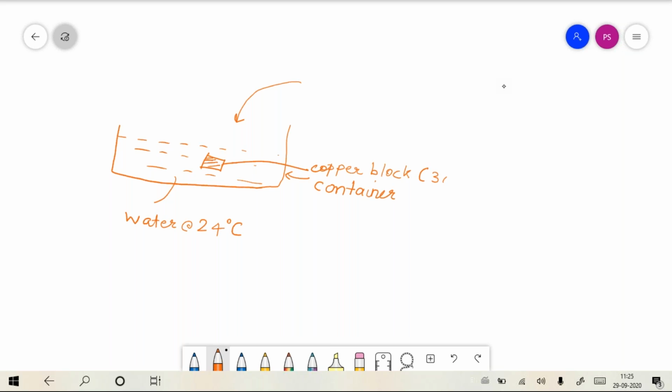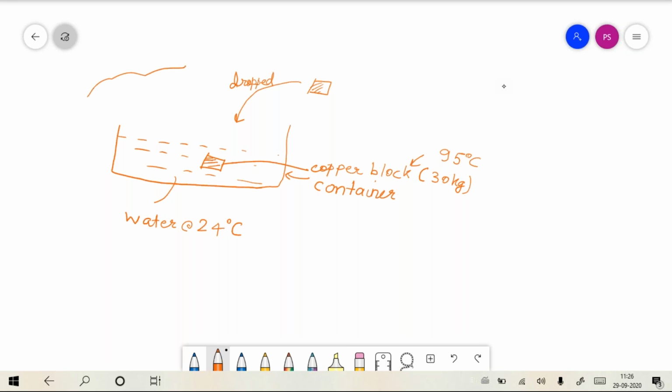This is dropped in this water, and this copper block is at a temperature of 95 degree centigrade. It was earlier here, and now it is dropped and immersed in water.